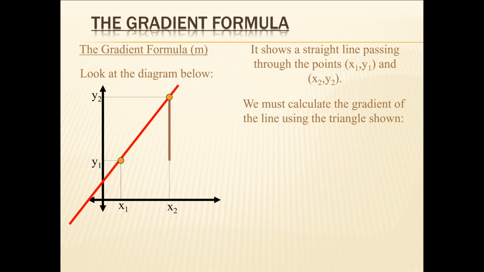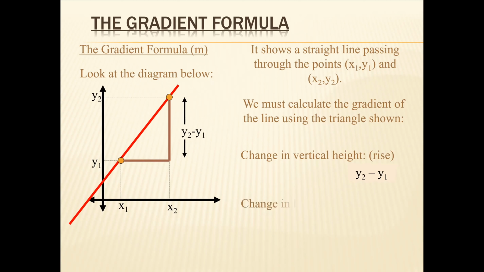The vertical distance or the rise of this line is y2 minus y1, and similarly the change in the horizontal distance, or the run, is x2 minus x1. The ratio of rise over run will give you the slope of the line.